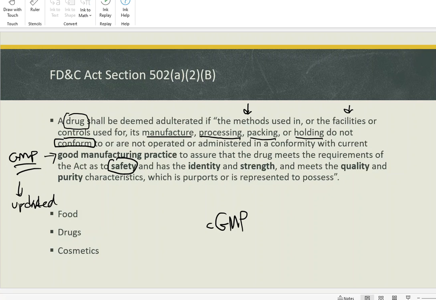Next up, we have to pay attention to the identity and the strength of that particular product. So is it what it says it is? And is enough of it there as stated on the label? That is part of what this is all about.